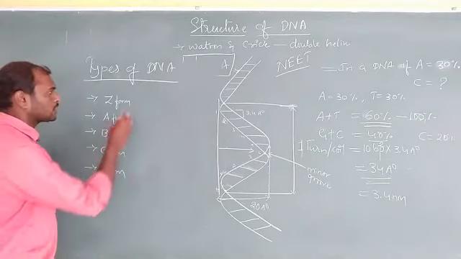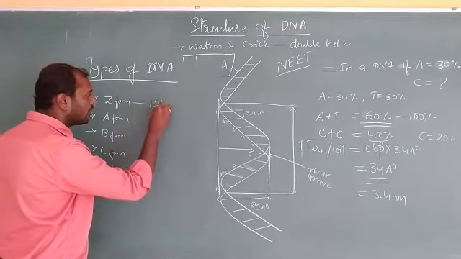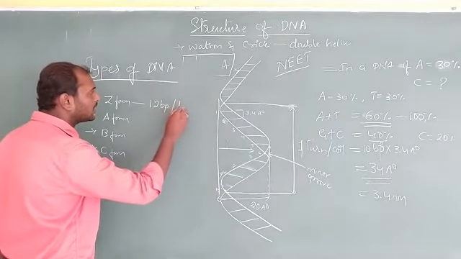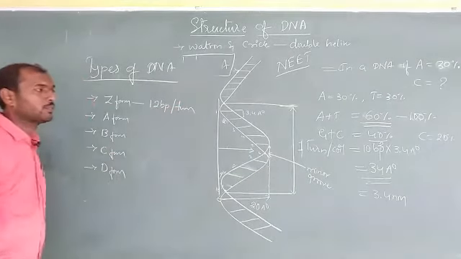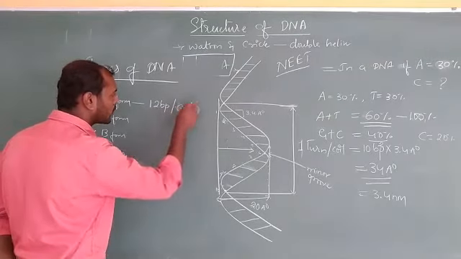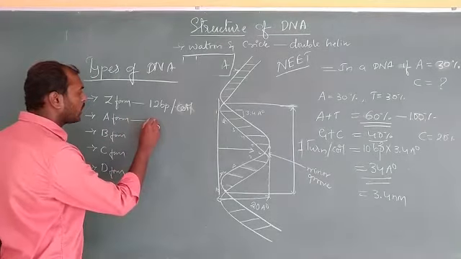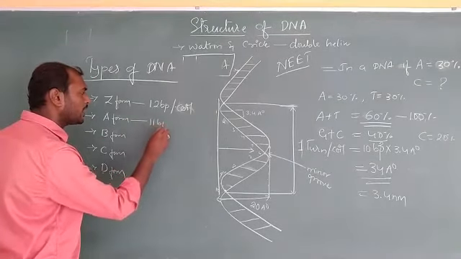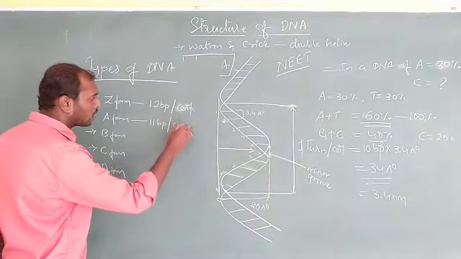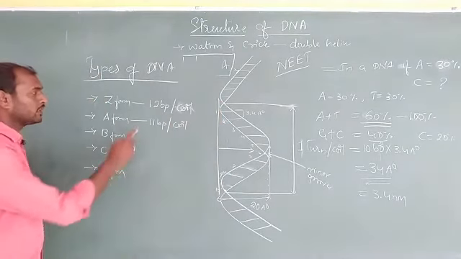Okay, so first one, Z DNA is having 12 base pairs per turn. Per turn can also be called per coil or per gyre. Okay, so A is going to have 11 base pairs per coil. So in one coil length, it is having 11 base pairs.